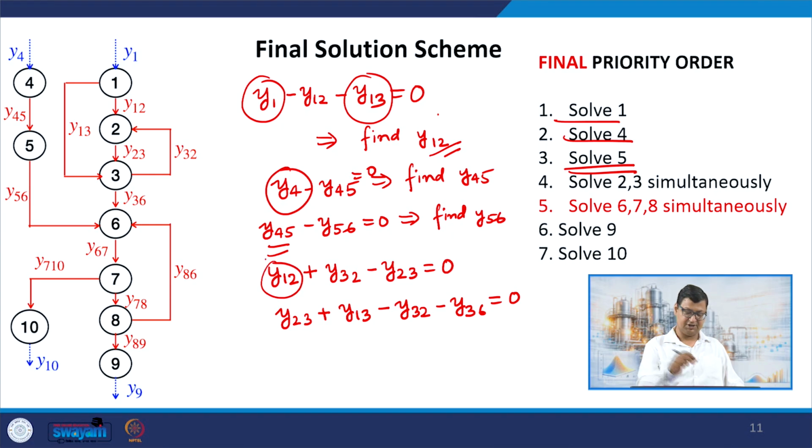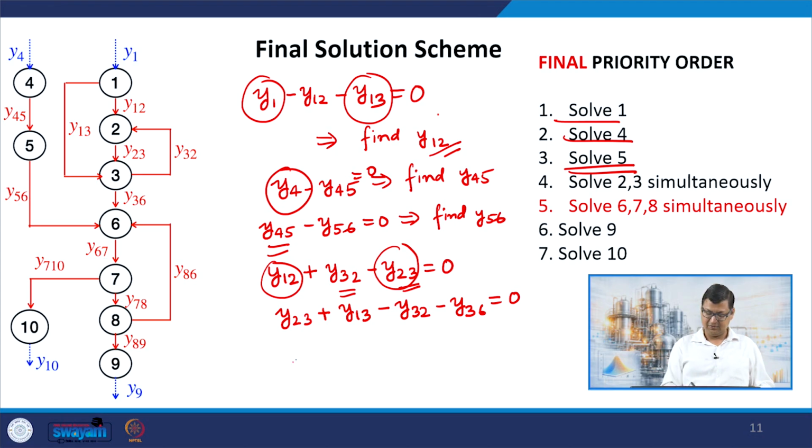So, y12 is known to us. y32 and y23 I need to solve for. Again, I can, for example, ask what is the recycle fraction. In this case, y23 may become the known variable, but if it is not, then we have to solve these two simultaneously anyway, right.